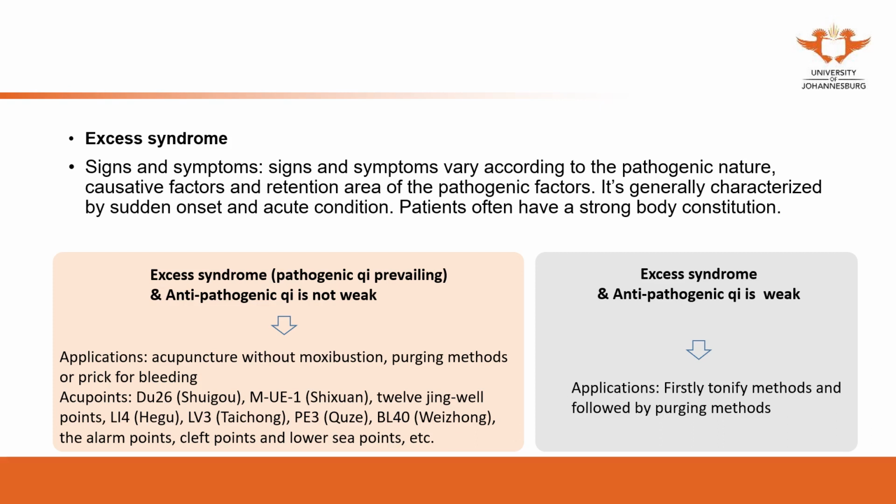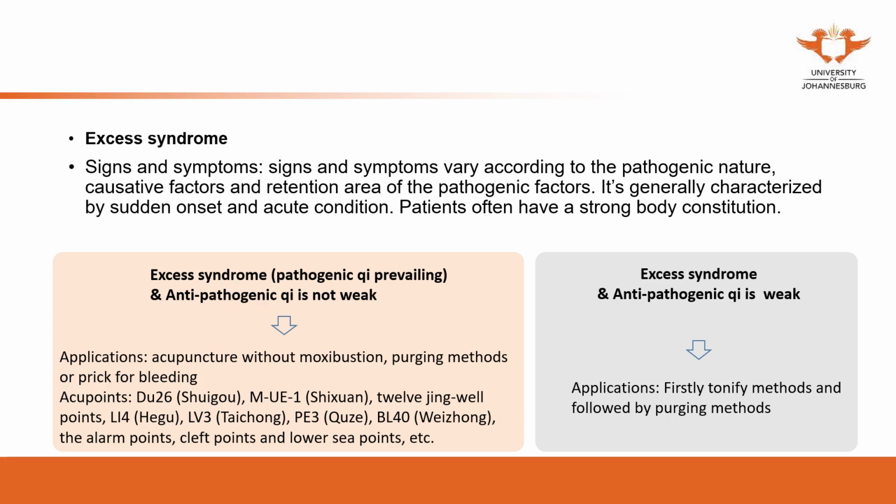The qi of the Zangfu organs gathers in the front part of the body. Sometimes we confuse that the qi of the Zangfu organs can gather on the back. They also have points that gather in the front part of the body.